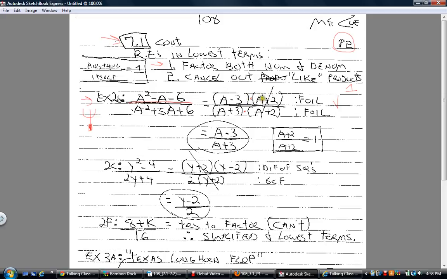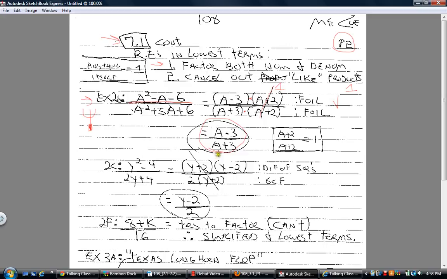This is the moment when any factor divided by itself, you can cancel it out because it equals 1, and 1 times anything does not change the value. That's what that last property was trying to get you to see: anything divided by itself equals 1. Thus the answer here ends up being a minus 3 divided by a plus 3.